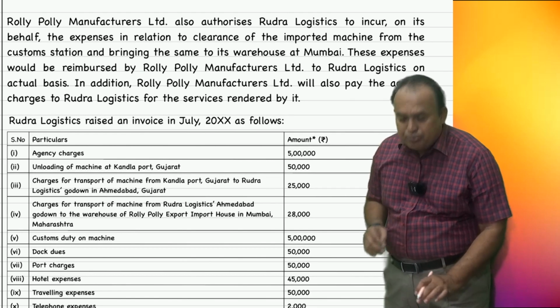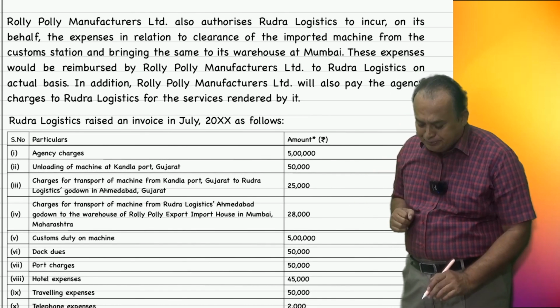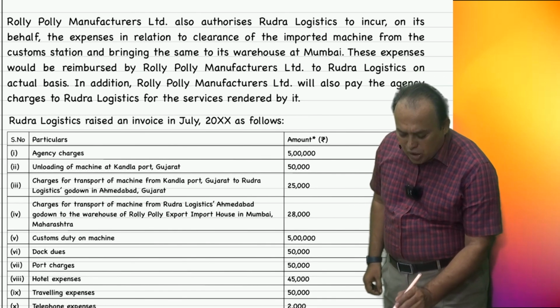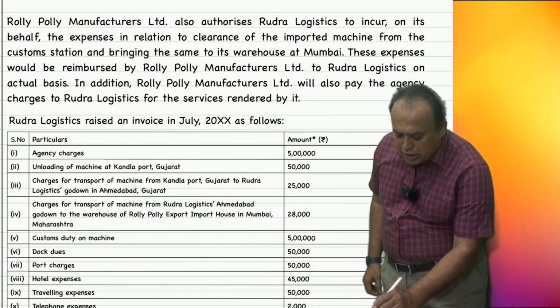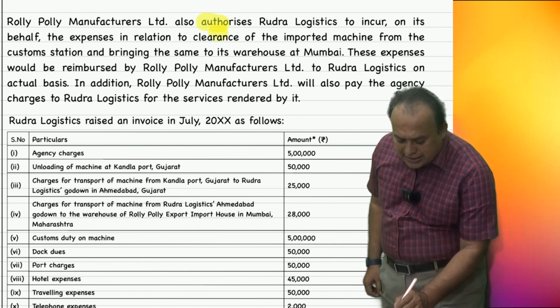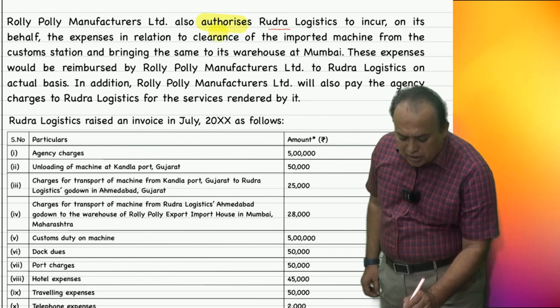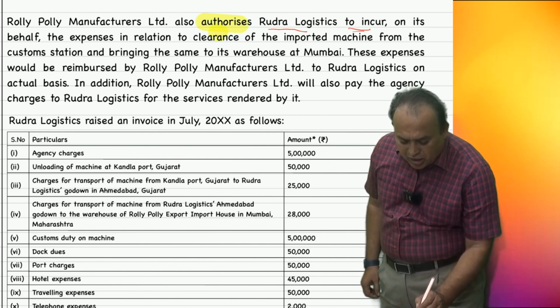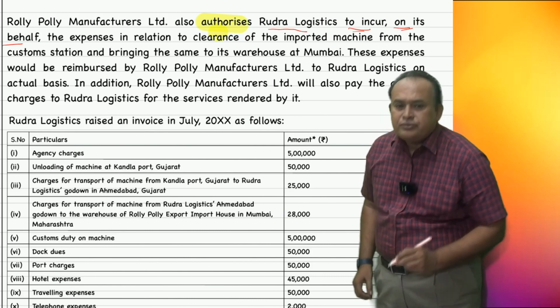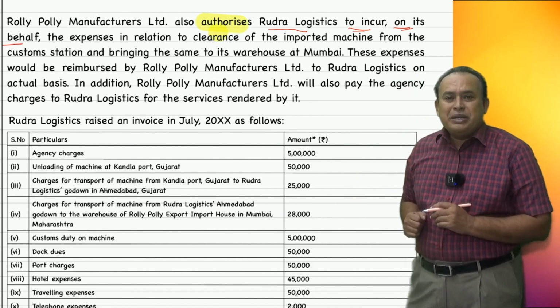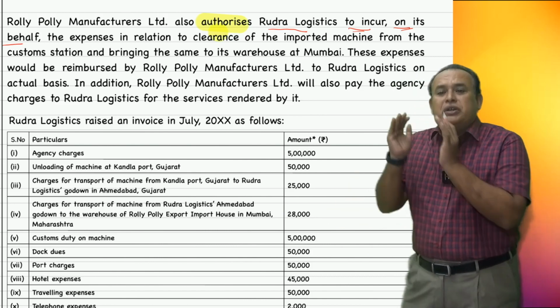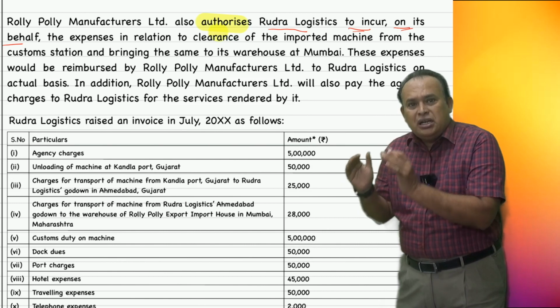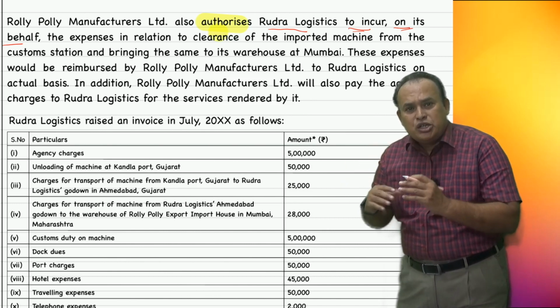Here in this given para, my dear friends, if you refer carefully, Roly-Poly Manufacturers also authorizes Rudra Logistics to incur on its behalf. That means expenditure of the recipient is requested to be incurred by the supplier.